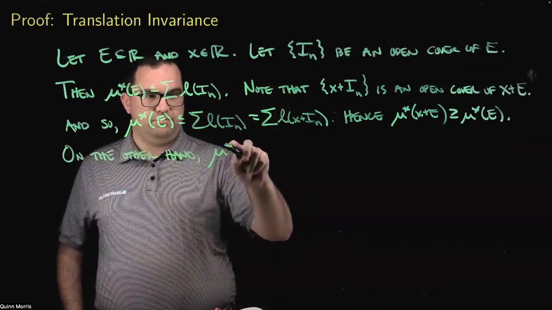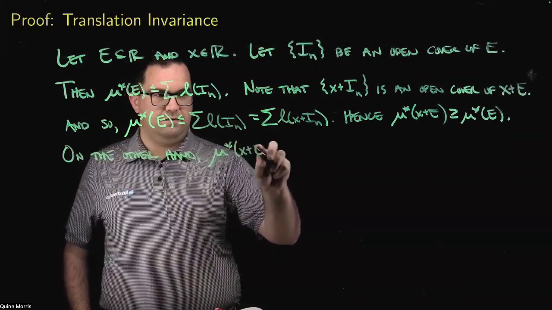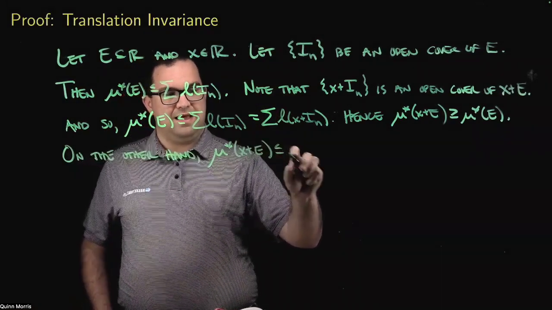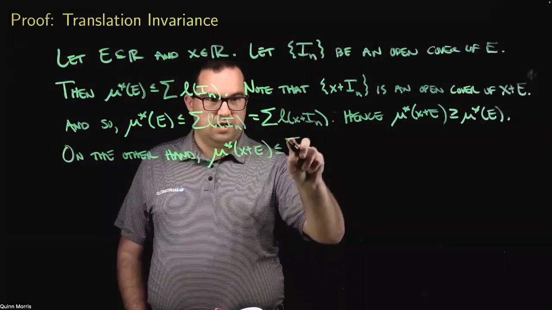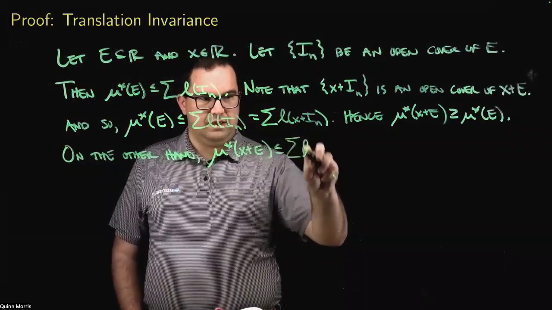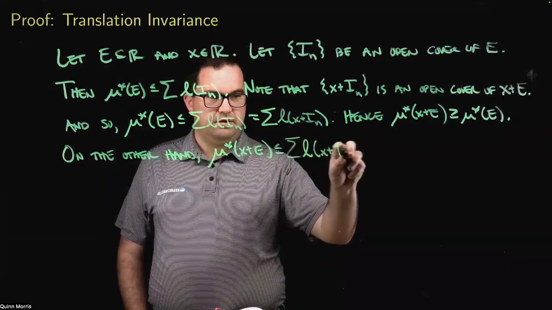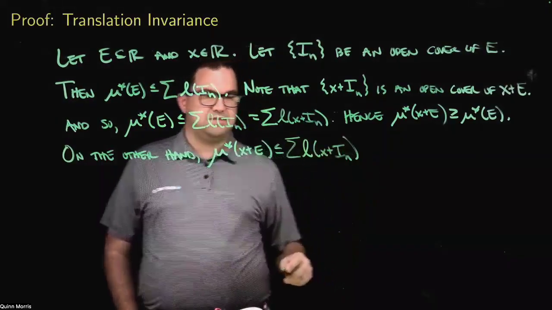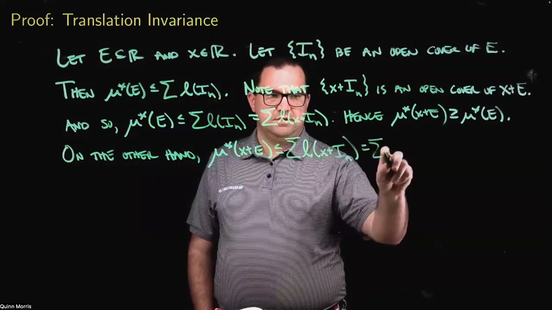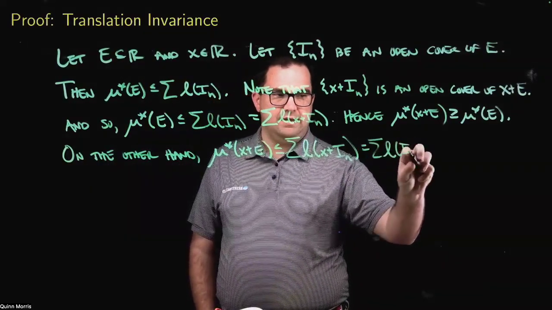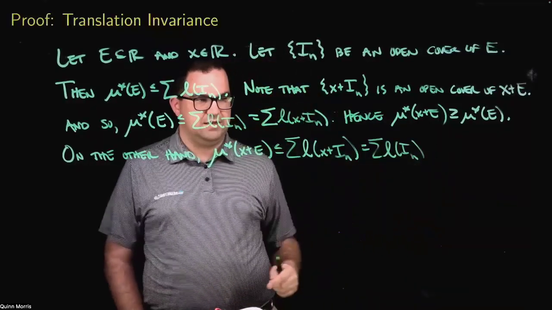If I start with mu star of x plus E, that would have to be less than or equal to the sums of the lengths of covers of the form x plus I_n, which is equal to sums of lengths of I_ns, because the lengths are translation invariant.